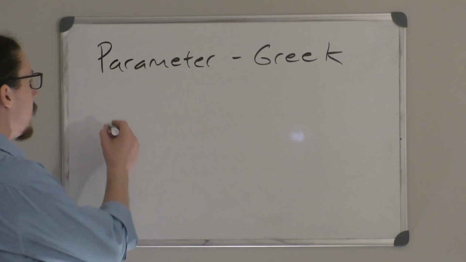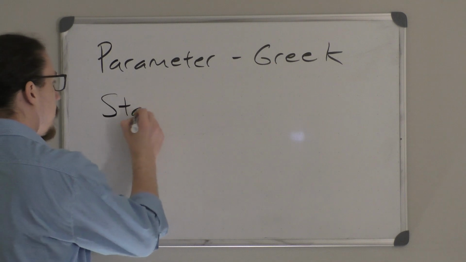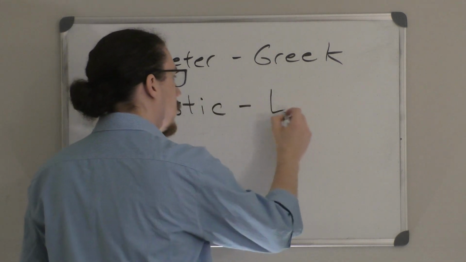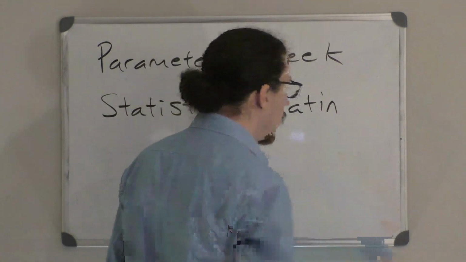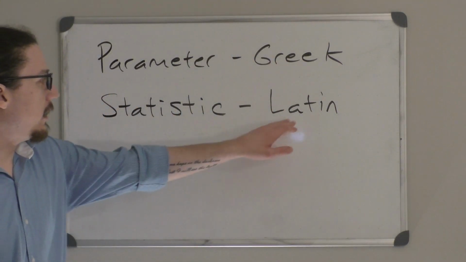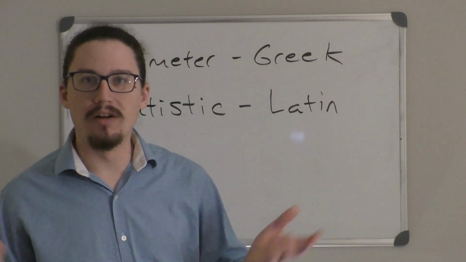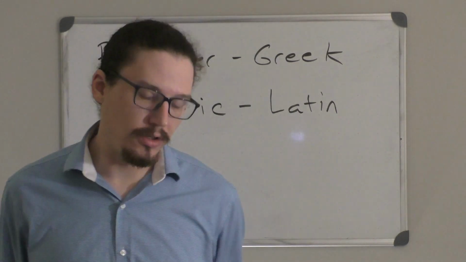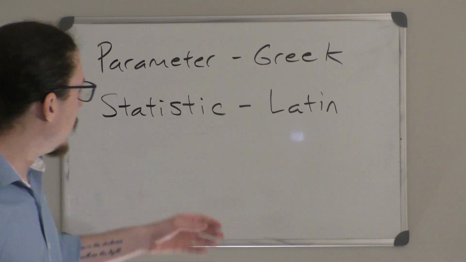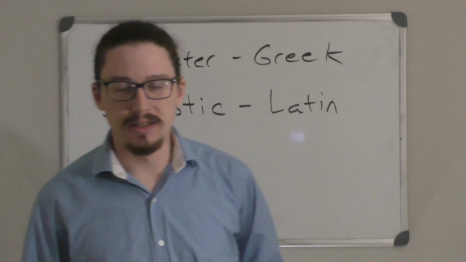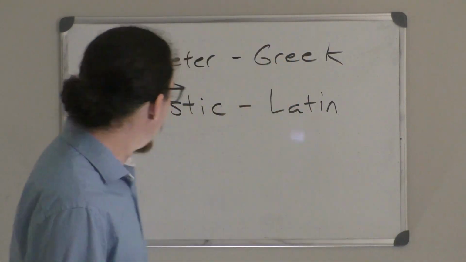It's the Greek alphabet. If it is notated using the Latin alphabet, so our alphabet, A, B, C, D, and so on, and y'all know the alphabet, then it is a statistic. That's how we represent the statistics.